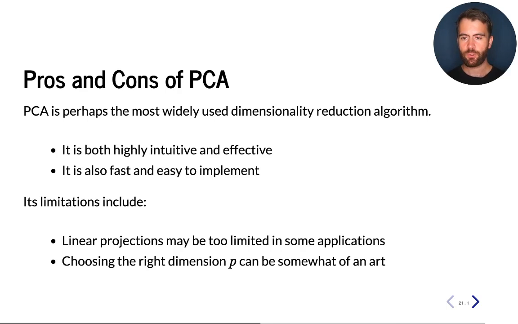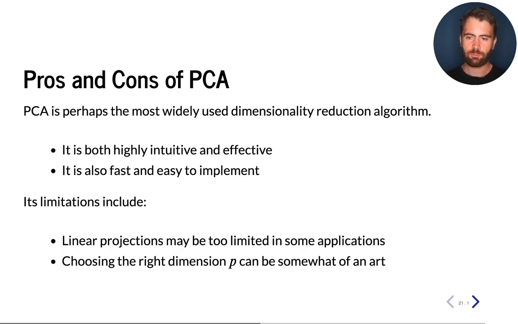In particular, if you work with data sets like images, then there are more effective unsupervised dimensionality reduction methods based on deep learning techniques, which would work better with modalities like images or audio or sensor data. PCA would work less well, although it can still find interesting signal even in images.